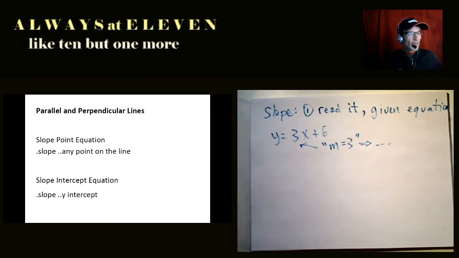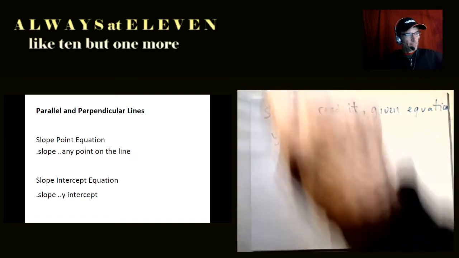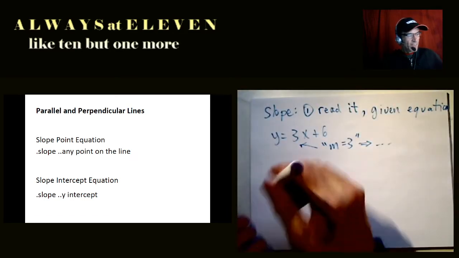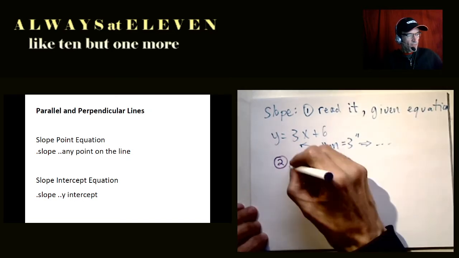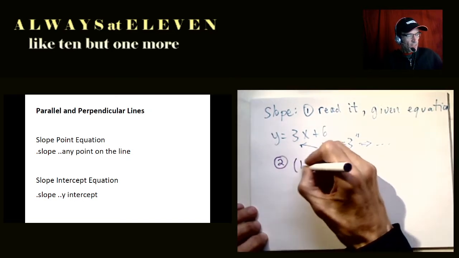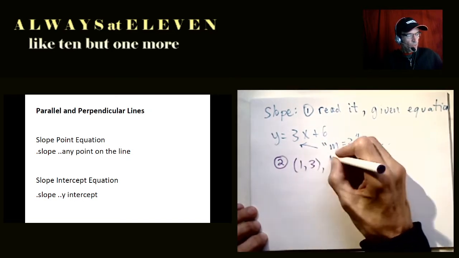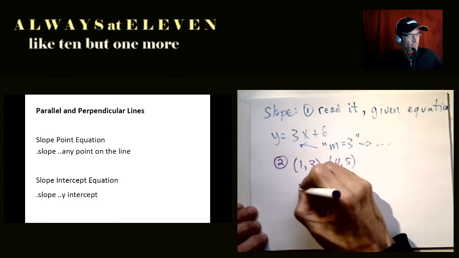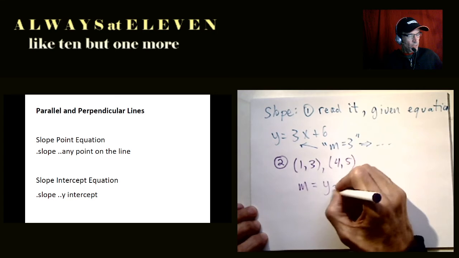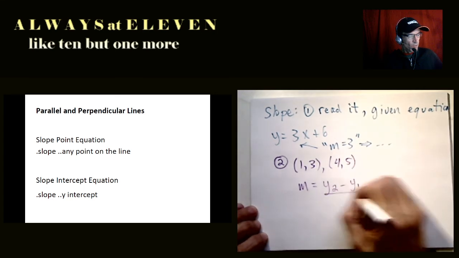The other thing that might happen is they might give a couple of points instead. They might say going through these points. Well, what do you do then? To get the slope, you just use the equation for the slope.